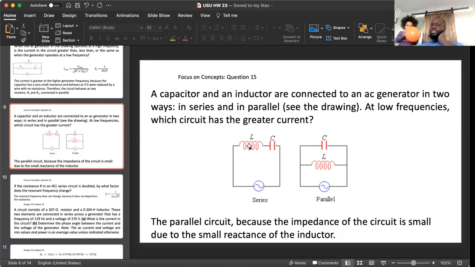Just assume these are two resistors, for instance. In series, you add; in parallel, you take the inverse, remember? So the parallel one will give a smaller impedance. Because the impedance is smaller for the parallel circuit, we say the parallel circuit will have the greater current compared to the series circuit. So when resistance is small, your current is large. When resistance is large, your current is small.